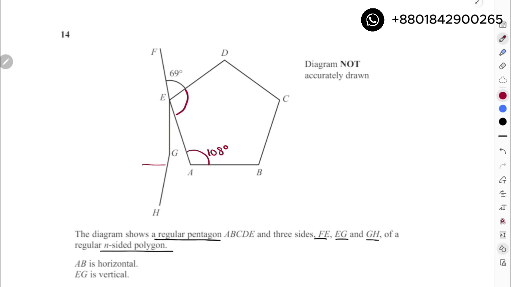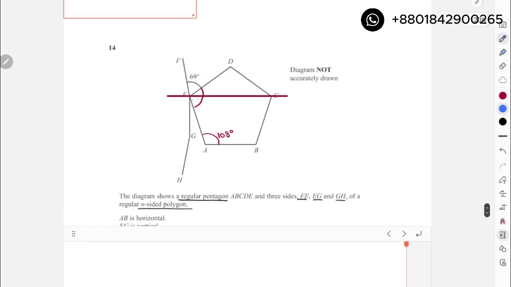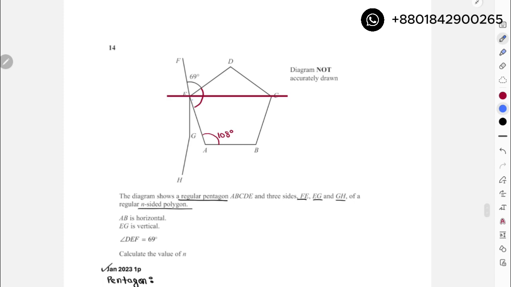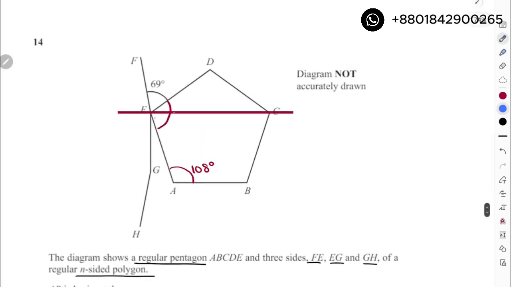This is a horizontal line, right, AB. If I'm going to create a copy of this in this section, that means what? The rest of the angle, this angle I'm talking about, ECA, I can calculate using the interior angle, because obviously this EC line is parallel to your AB line.